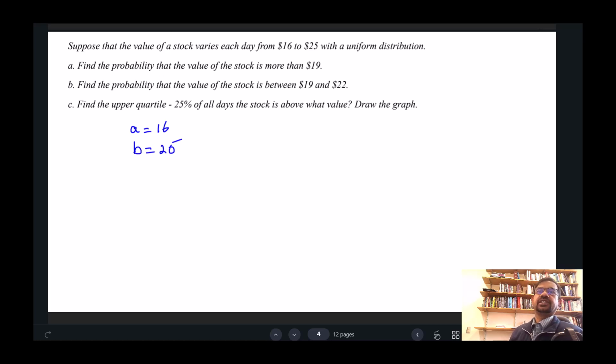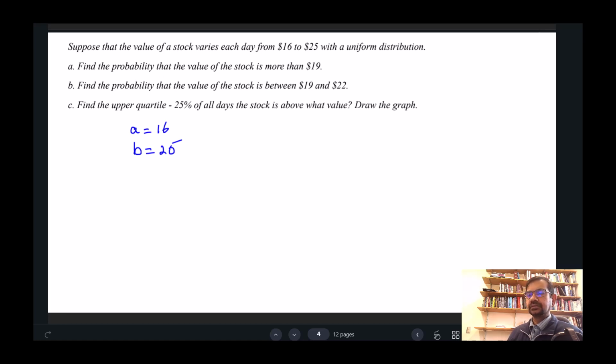So the stock value varies in this interval. Given this, the probability density function f(x), which is 1 over b minus a, is given by 1 over 25 minus 16, or 1/9. So that is the probability density function.